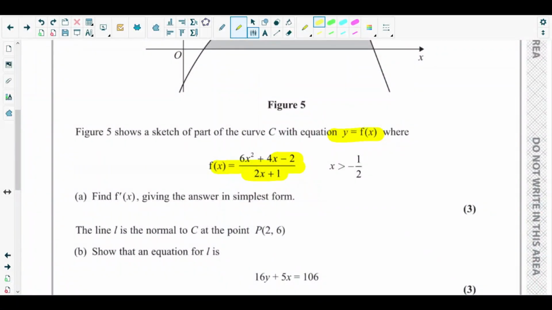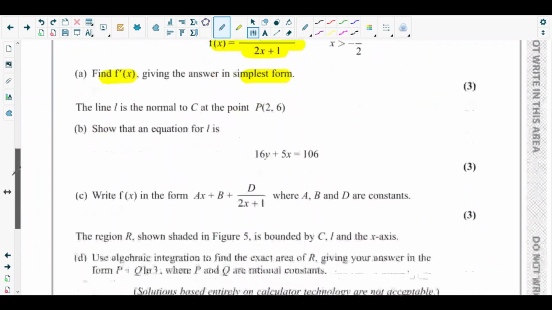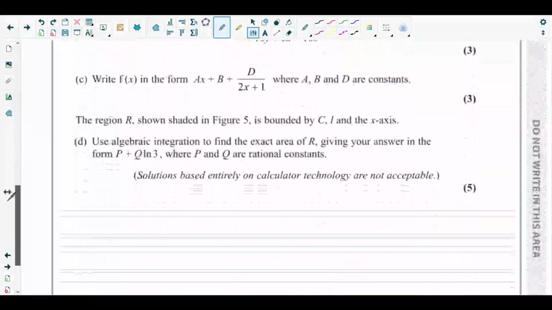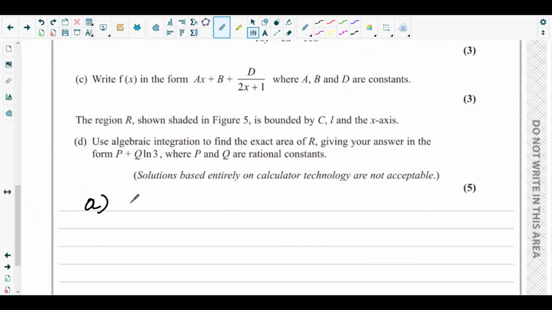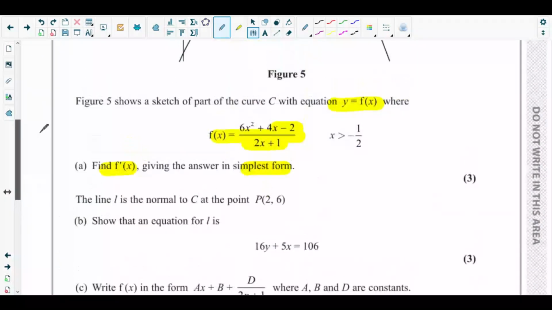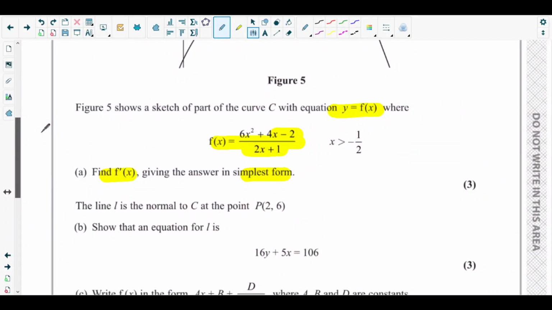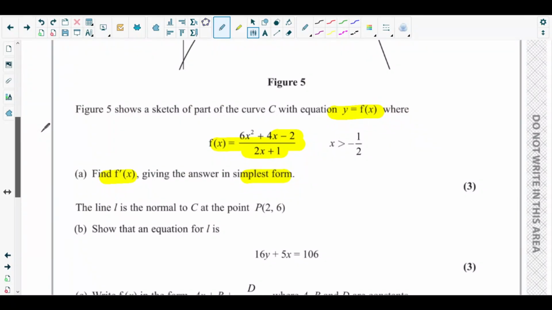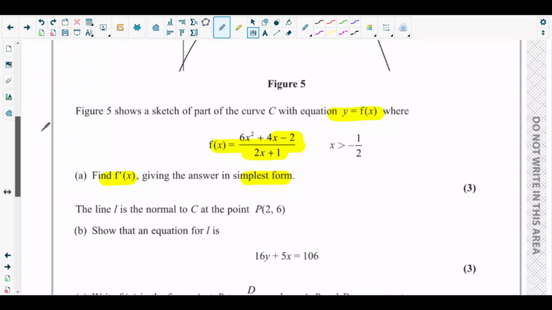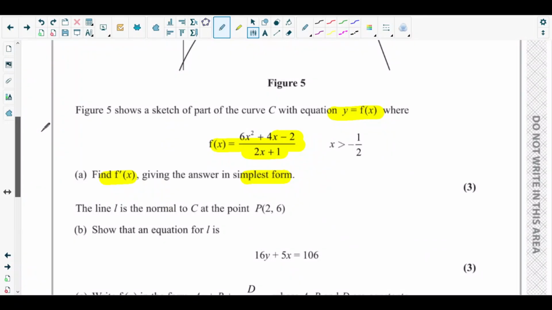Part A is asking us to find f dash x, that is the gradient function of f of x, giving the answer in simplest form. So you can see f of x is in division form. For a function in division form, we use differentiation by the quotient rule.